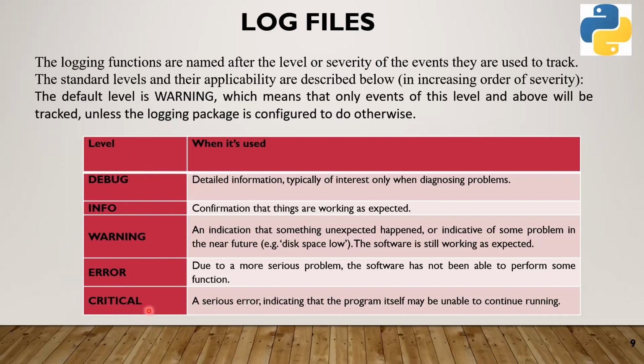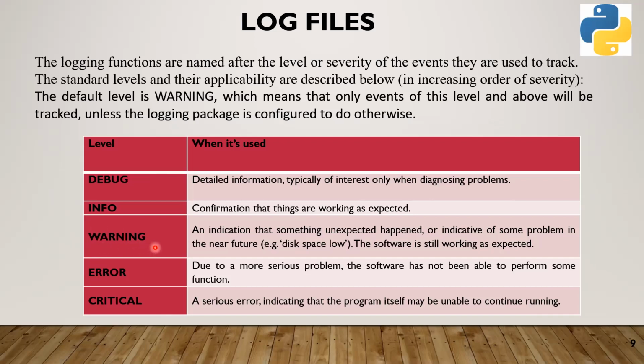Okay, so this hierarchy is basically from lower level to higher level of severity. When debug is used, it gives detailed information, typically of interest only when diagnosing problems. What about info? Confirmation that things are working as expected, then you ask for an info.